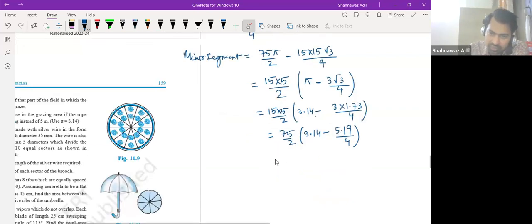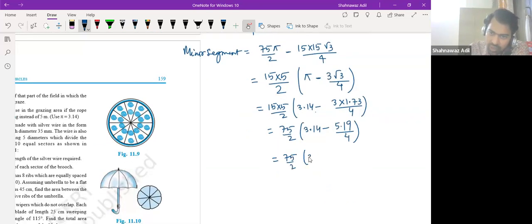So this is 3.14 minus 2.16, so we can roughly write it as 1.9. And so this is this, and this would be how much? 75 by 2 into 1.9.